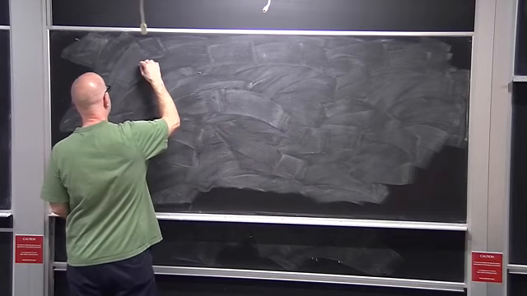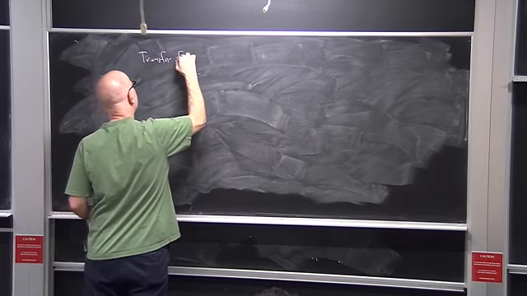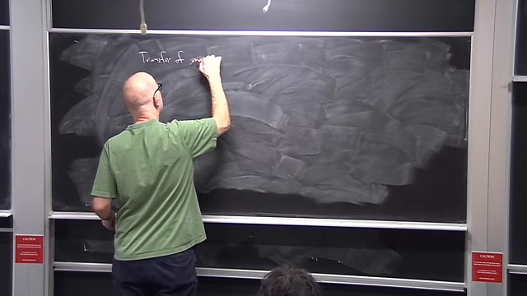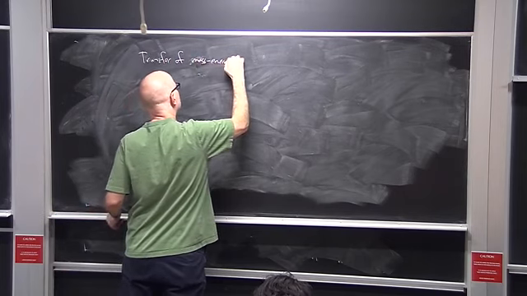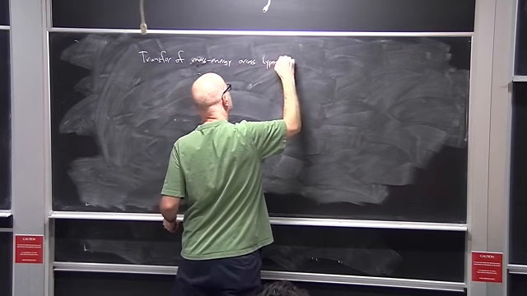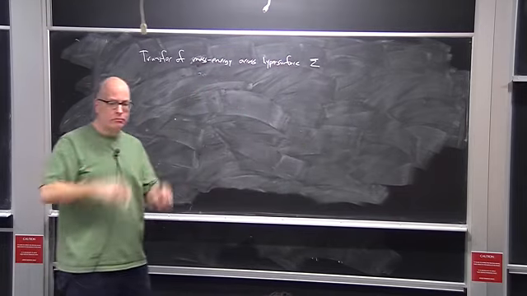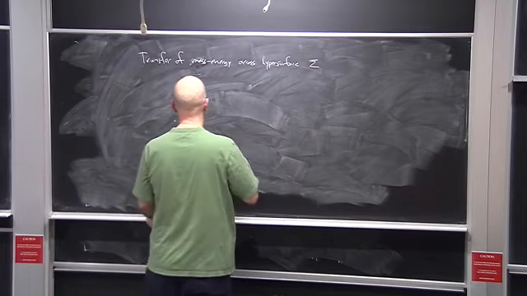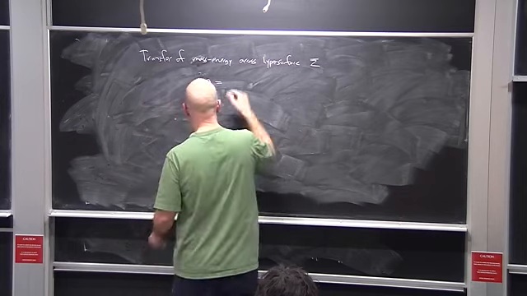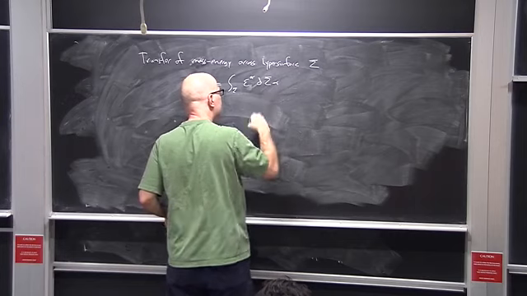So the claim is that the transfer of energy, mass energy, I should say, across a hypersurface sigma, or some finite hypersurface sigma, is going to be obtained by taking my flux vector and integrating over the hypersurface.